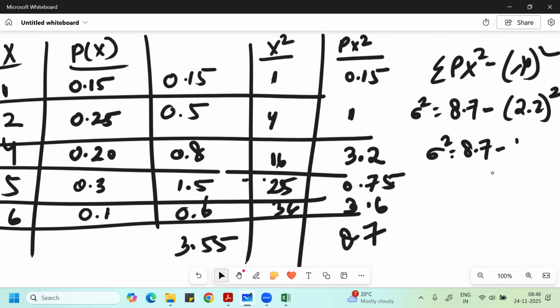Then the x squared values I get are 1, 4, 16, 25, 36.